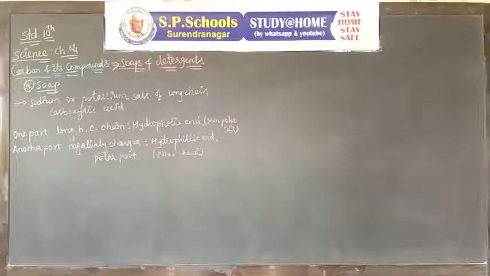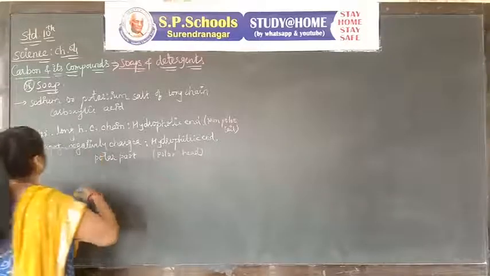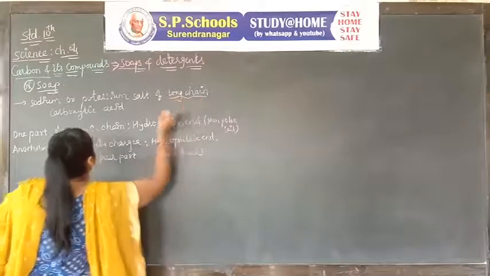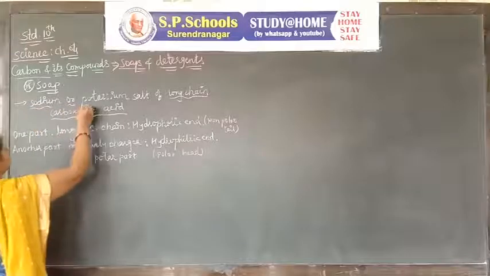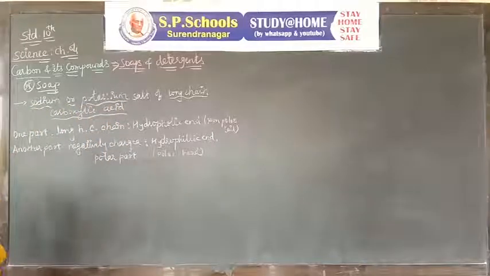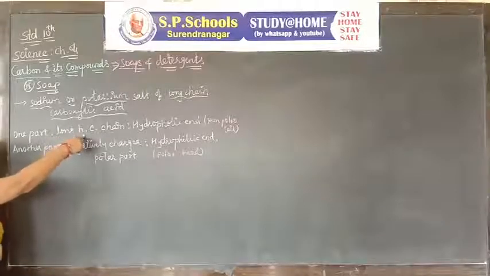Let's go through another theory which is related to soaps and detergents. Let's see first what soap is. Soap is a sodium or potassium salt of long chain carboxylic acid. Soap contains two parts. One part has a long hydrocarbon chain.